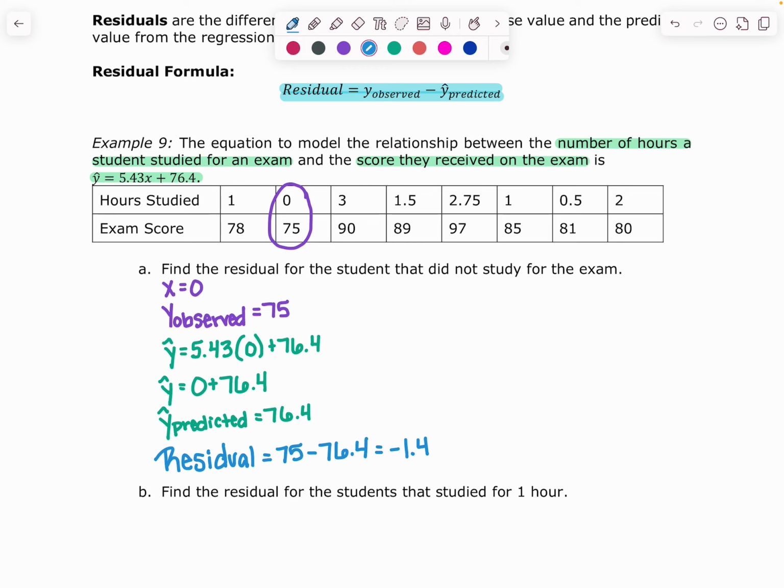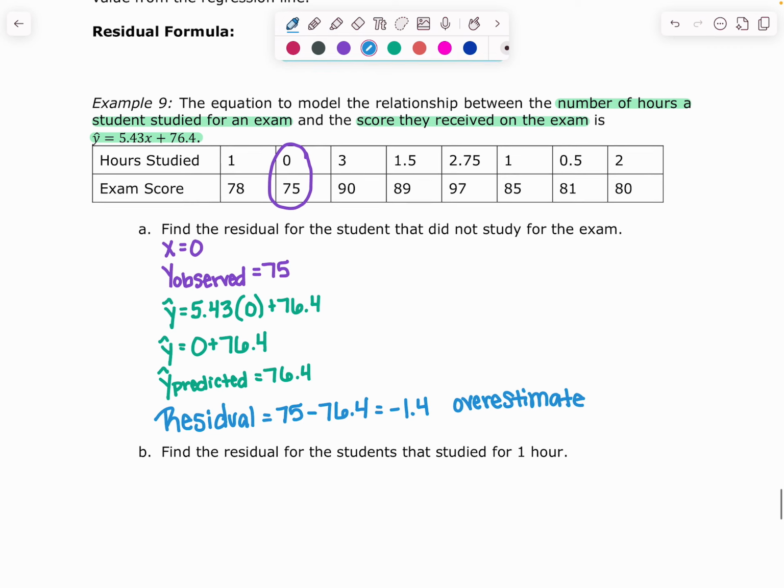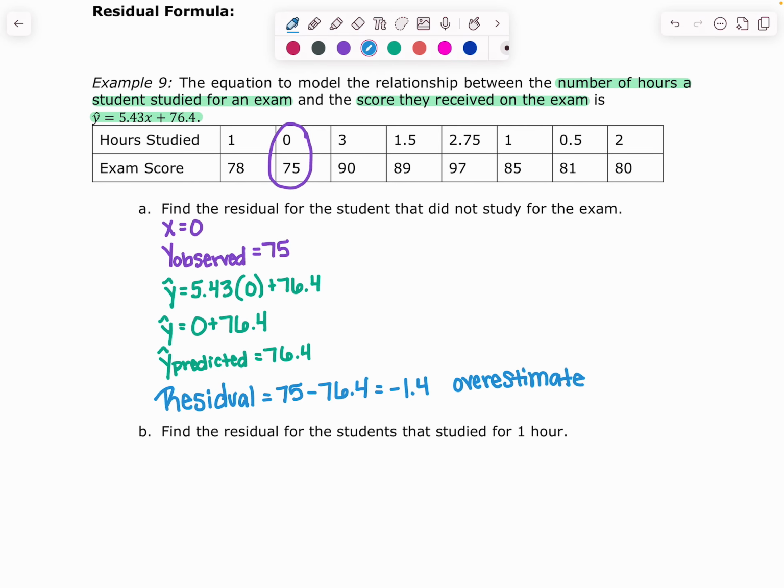So the equation is off by 1.4, not bad. And then because the equation predicted a higher score than what we actually saw, this is an overestimate. The equation is overestimating what this student was able to achieve on the exam. And that's it. That's the residual.